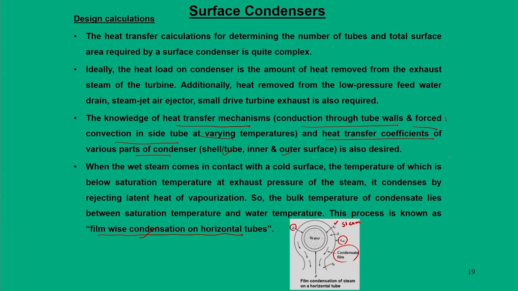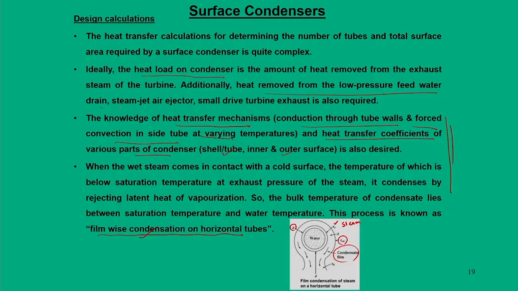And both of these things will give you the heat load on the condenser. Additionally, this heat load must be removed by the feed water, and that is the reason condensate and feed water are taken together, and all non condensables have to be taken out from the condenser unit by a component called a steam jet air ejector.